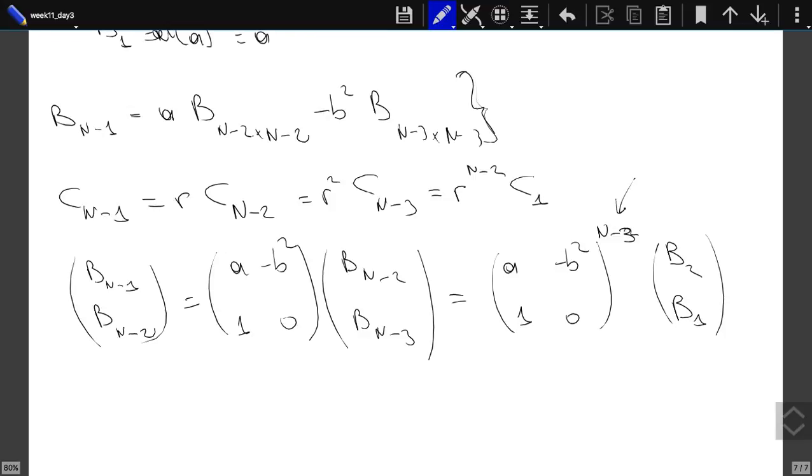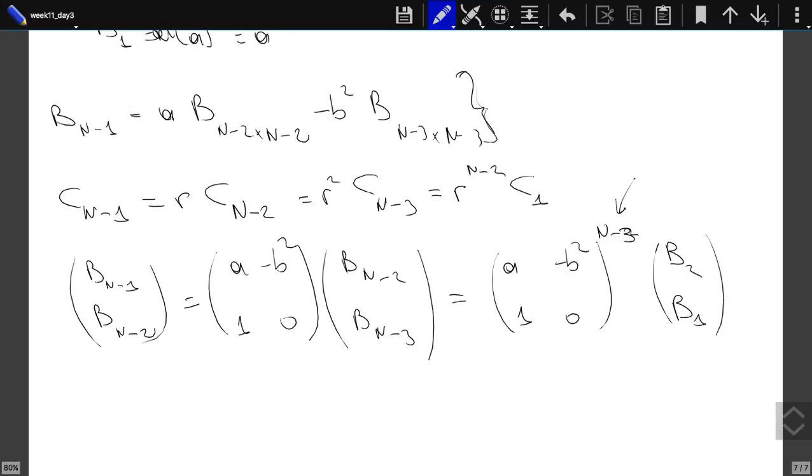Well, the easiest way to determine what this power should be is that the power plus the subscript of the upper B, B2, is just n minus 1 all the time. How do you take the (n-3)rd power of this matrix?